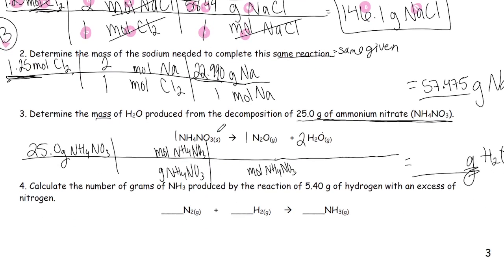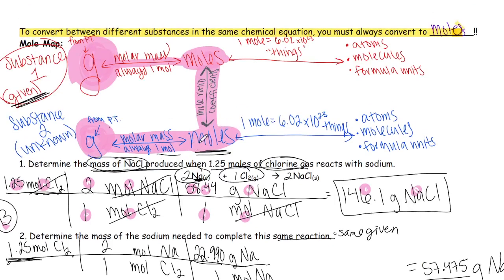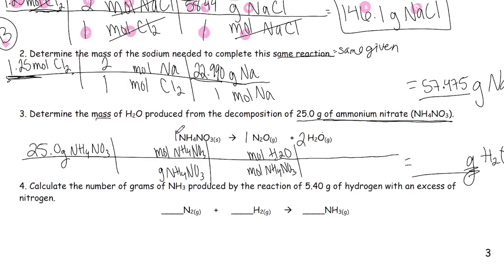So I'm going to go to moles of H2O. And then from moles of H2O, I need to go to grams of what? H2O. So again, I bring down my moles of H2O so that it cancels. And I put grams of H2O at the top.